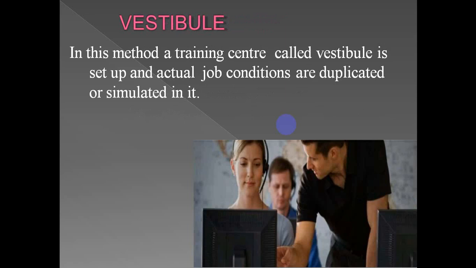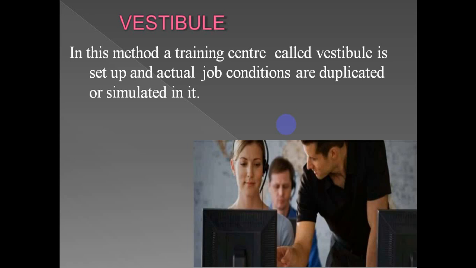And finally, the last one is vestibule training. This type of training is conducted within the organization and it is like a school, so it is also called vestibule school training. Here the training is provided in a training school which is run by the company.